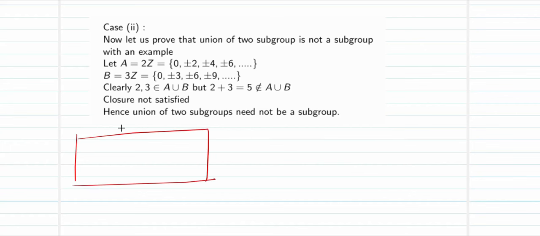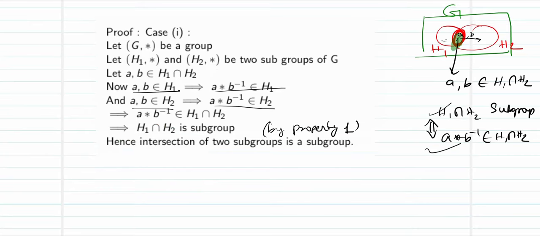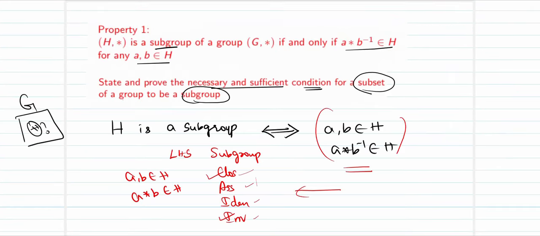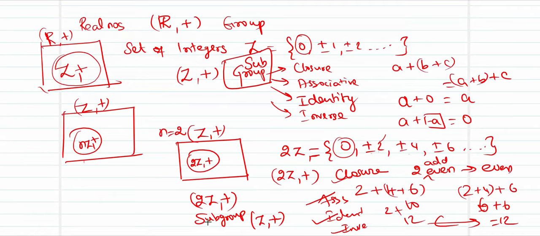Let the bigger picture be Z with respect to addition. Now let this be taken to be your group G. I am finding two subgroups inside it. One of the subgroups is called 2Z with respect to the addition operation. We already showed that this 2Z is going to form a subgroup.